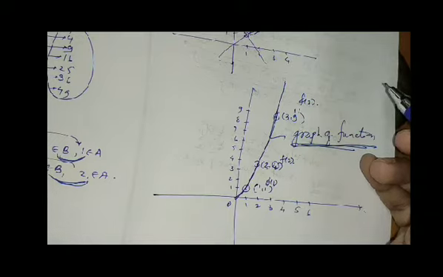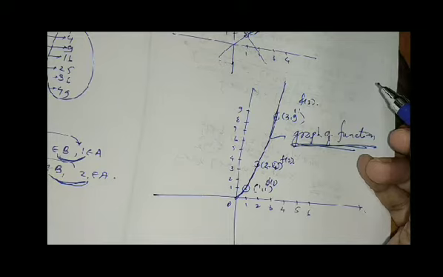So it is vice versa. Every function has a graph and every graph has a function. Actually, we have discussed these things in 12th standard, 11th standard. I just revise it.